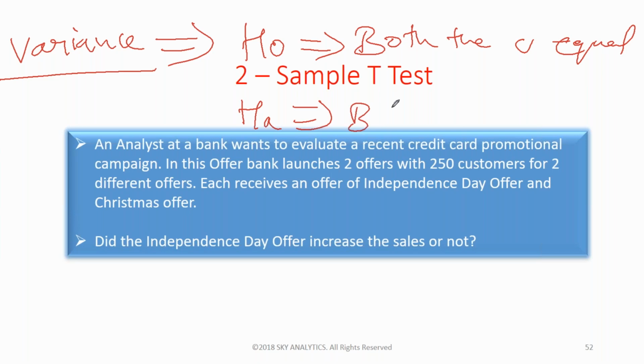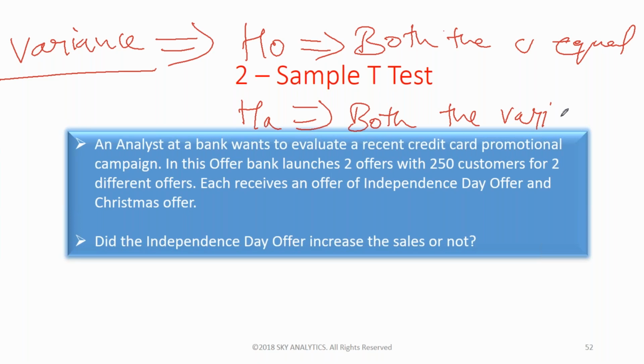And here you wrote it as both the variances are not equal. If it is null, then both the variances are equal. Yes.